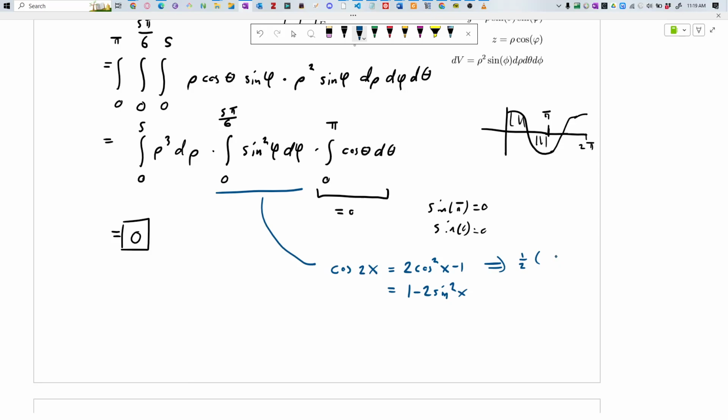We get 1/2 of cosine of 2x plus 1 is equal to cosine squared x. This equation gives me that 1/2 of, let's see, I think it's 1 minus cosine of 2x, that divided by 2 is equal to sine squared x.